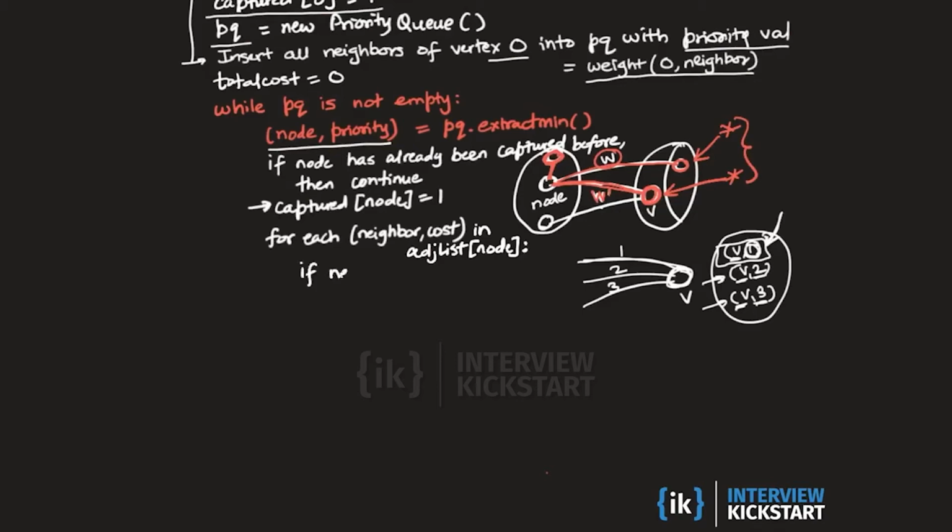As long as the neighbor is not captured, as long as it is still sitting in the right partition somewhere, we are going to insert into the priority queue a copy of that neighbor with a priority value equal to the cost of that edge which we are looking across to see that neighbor.